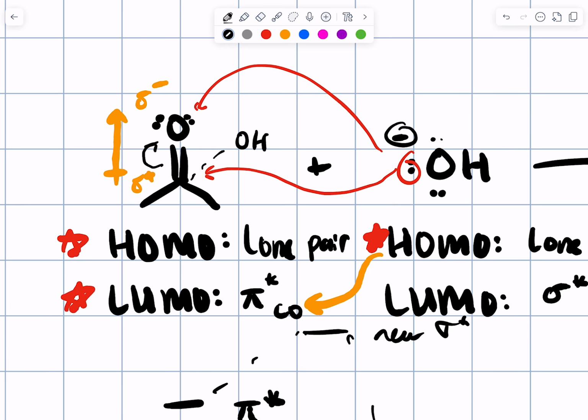You might have just said this, but the electrons from the pi bond that went to the oxygen that gave us a negative charge, is that just because it's more electronegative? So the question is, when these electrons push up onto the oxygen, do they go up because the oxygen is more electronegative?